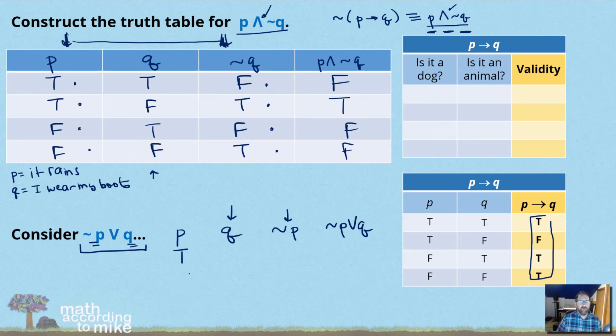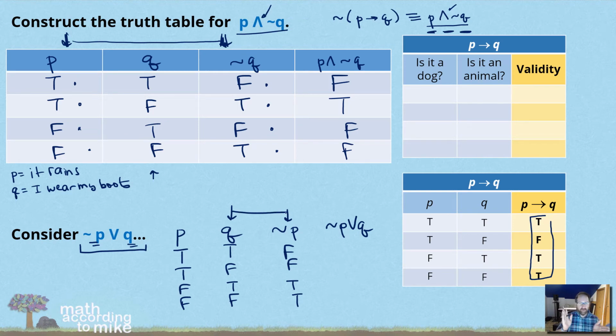As before, 4 rows, true, true, false, false for P, true, false for Q. To make not P, we will negate the P column. So false, false, true, true. Great. And now we will OR these 2 columns together.